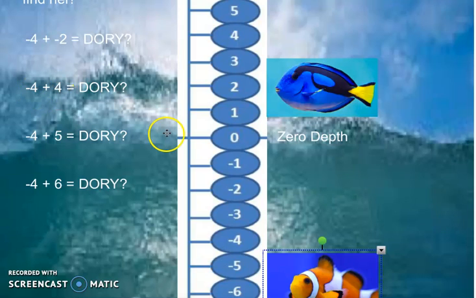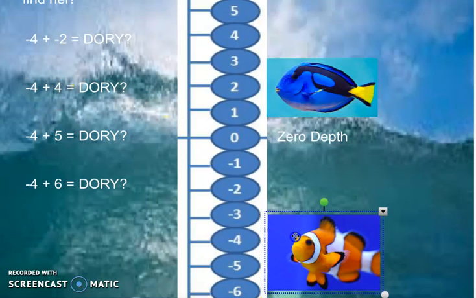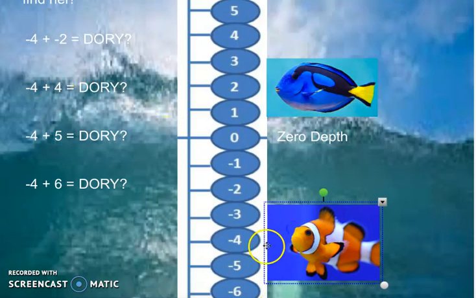How about -4 plus 4? Let's start Nemo where he was before, at -4. This time we're going to face the positives. That's what that plus means, so Nemo is facing up. And then it says +4.